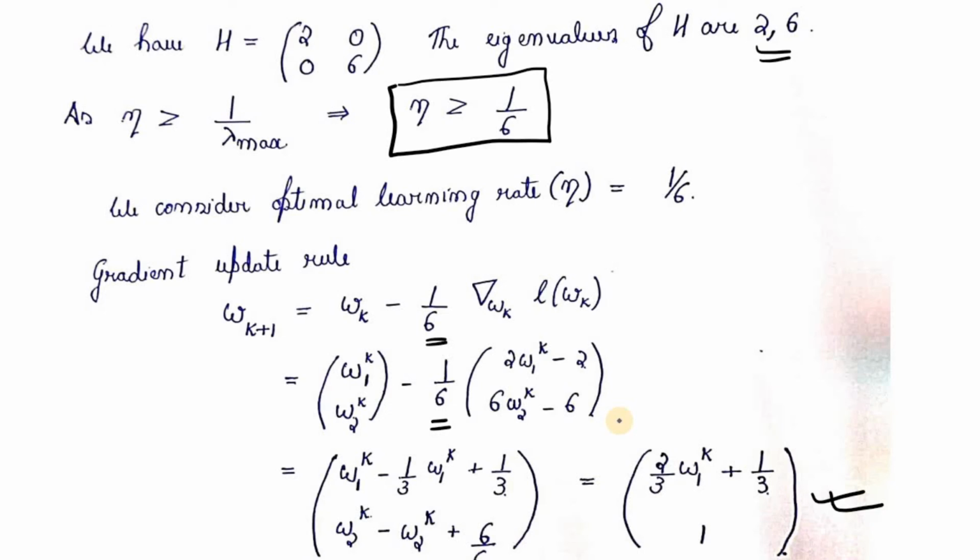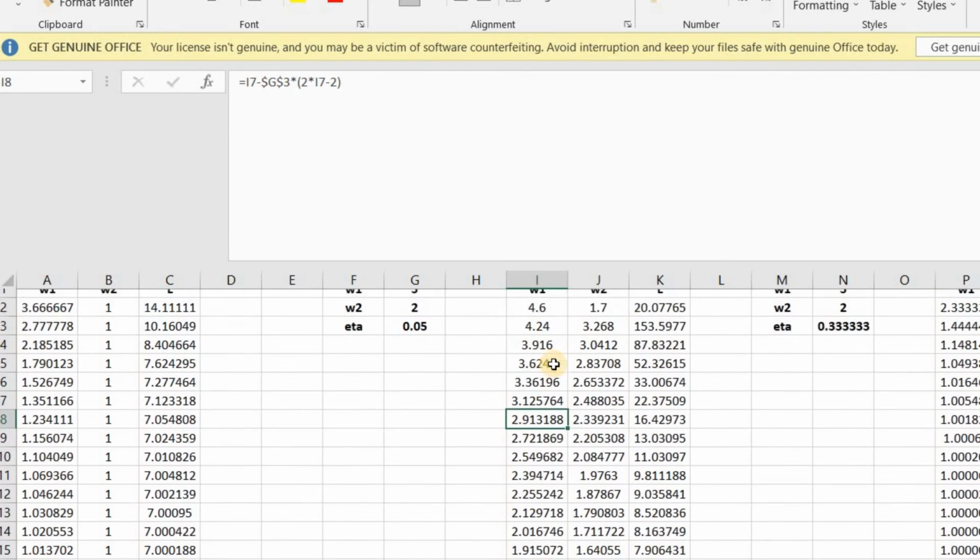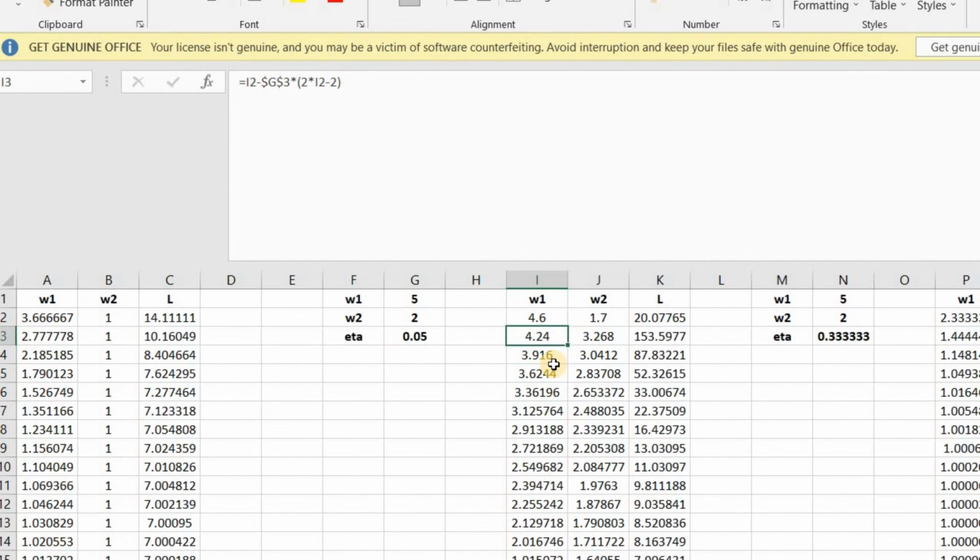Now since we are changing the learning rate to 0.05, we have to recalculate both W1 k plus 1 and W2 k plus 1, which on doing mathematically, these are just the mathematical terms which you can do with different values of eta. We get different values of W1 and W2 and the corresponding loss function.